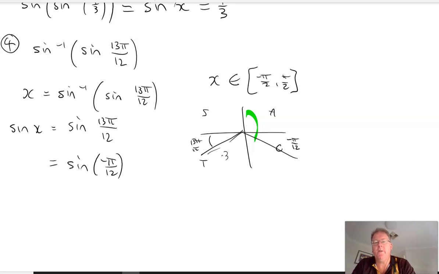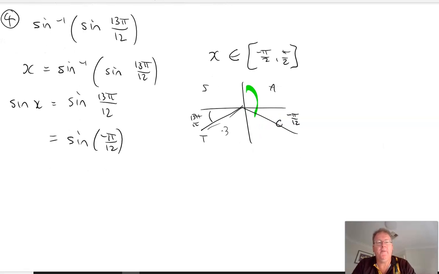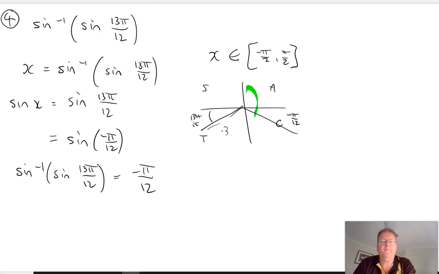So where is the equivalent? Well, it's over here, minus pi on 12. So therefore, if sine x is equal to sine of minus pi on 12, then the whole thing, sine minus 1 of sine 13 pi on 12, must be equal to minus pi on 12. And there's our solution.